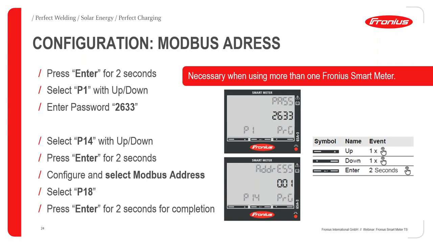So we need to change this to the number 2. Then we go to the selection page 18 and press the enter button 2 seconds again for completion. And then we're finished. Yeah, so that's what we need to do when we have more than one Fronius Smart Meter in a system for the secondary ones.